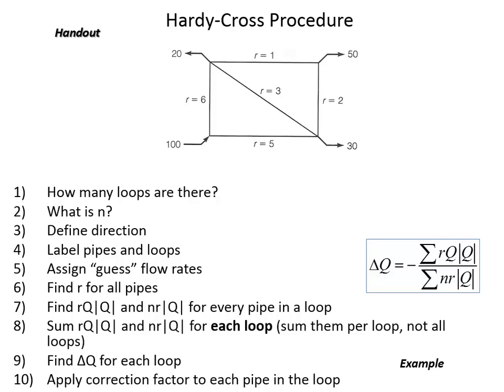Okay, so first of all, we're going to call the lower loop, loop 1. This we'll call loop 1. We'll call this one loop 2. And we'll have clockwise be positive.